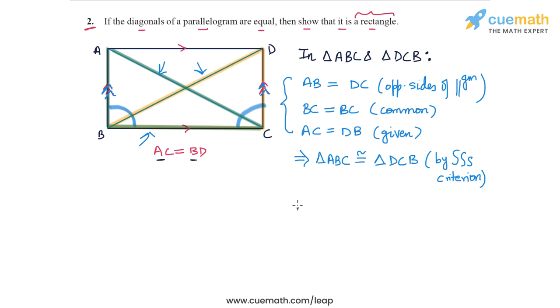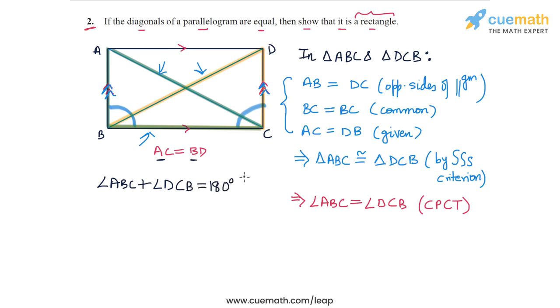And this means, as we discussed earlier, that angle ABC is equal to angle DCB using corresponding parts of congruent triangles.